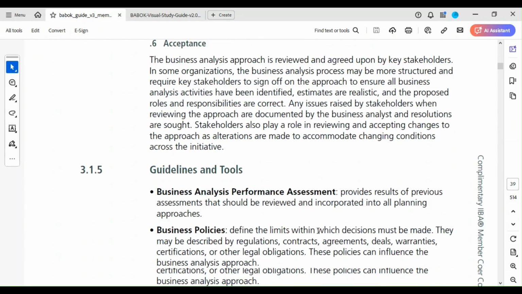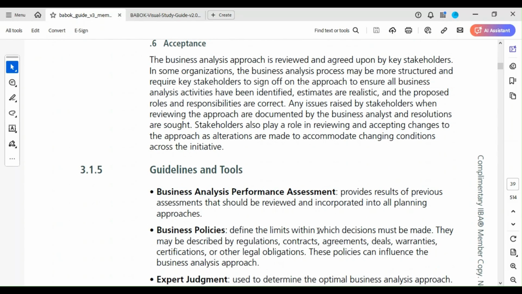Now, acceptance. The business analysis approach is reviewed and agreed upon by key stakeholders. Everything is decided by your key stakeholders. This is governance for you. In some organizations, the business analysis process may be more structured and require key stakeholders to sign off on the approach to ensure all business analysis activities have been identified, estimates are realistic, and the proposed roles and responsibilities are correct.